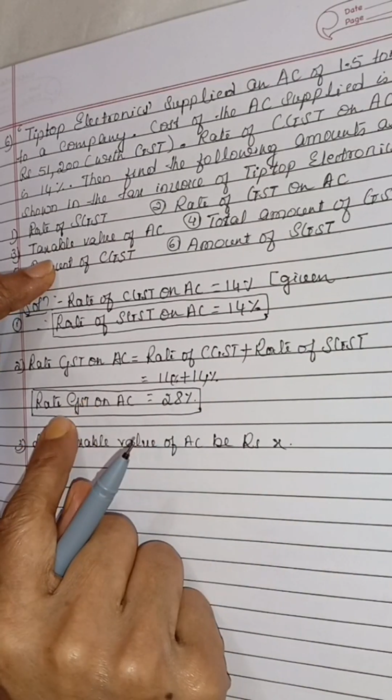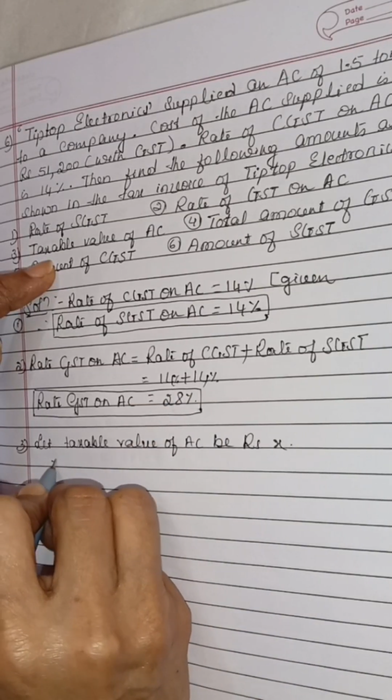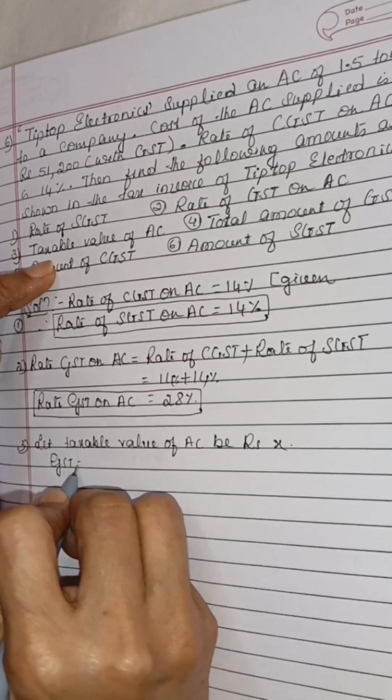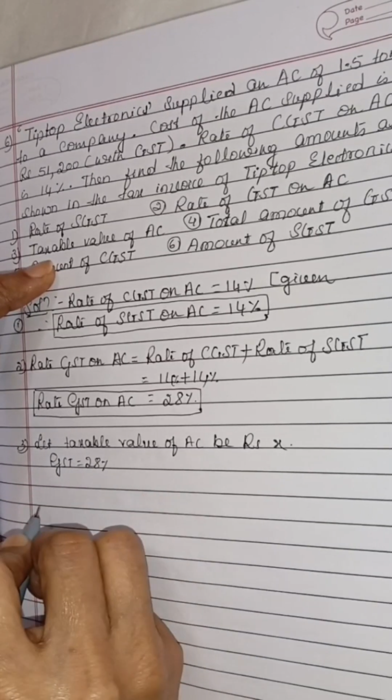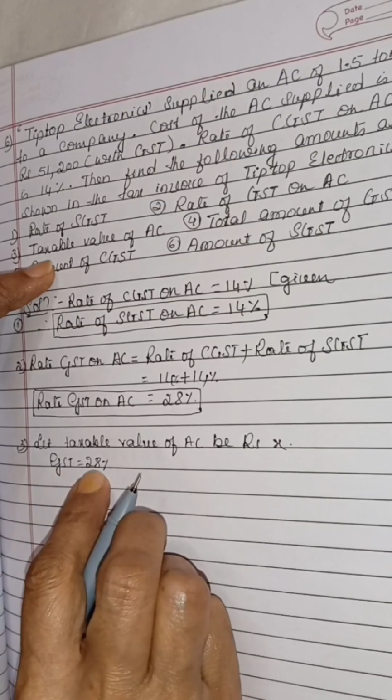Now we know that the rate of GST is 28%, no? So the amount of GST we have to find out. How to find the amount of GST?